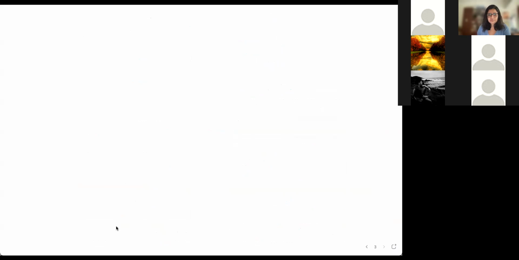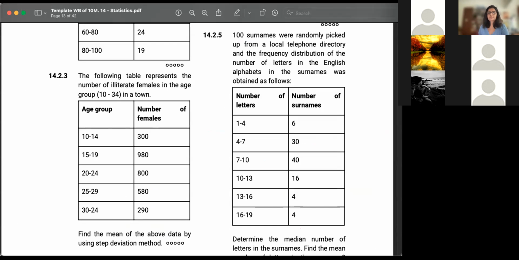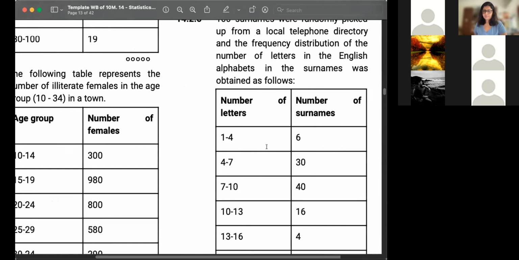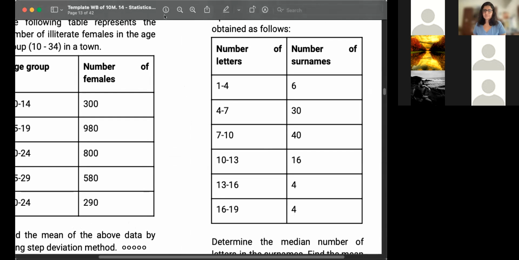Ma'am, can you show the data once? Yeah, this is the table.